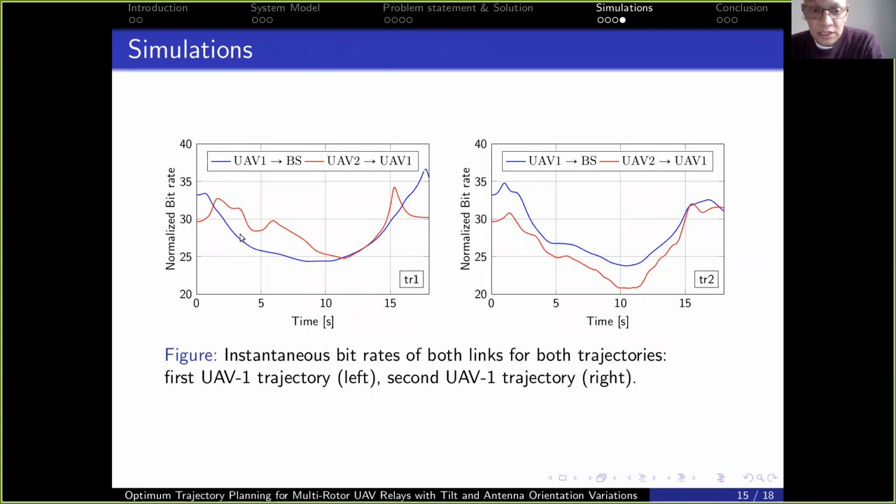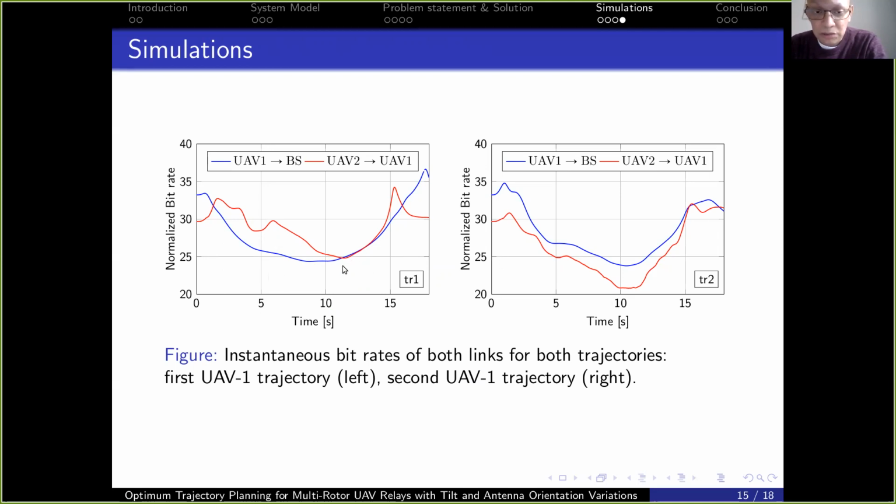Here we observe the normalized bit rates for both links in the first scenario, our technique, and this is the result of the second trajectory, in which we are disregarding the antenna dependency on the tilt. As we can see, if we consider the antenna variations, the minimum channel bit rate that we obtain is higher than in this case, and also the total amount of data transmitted becomes higher.